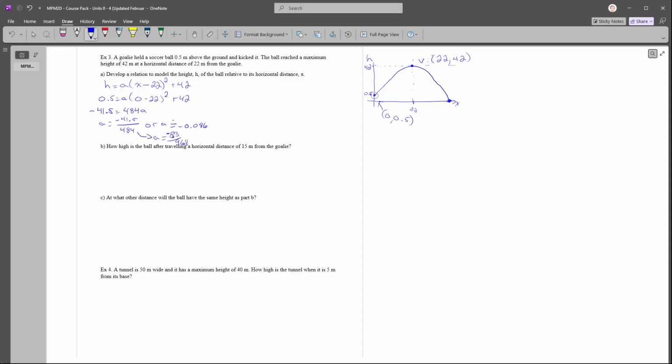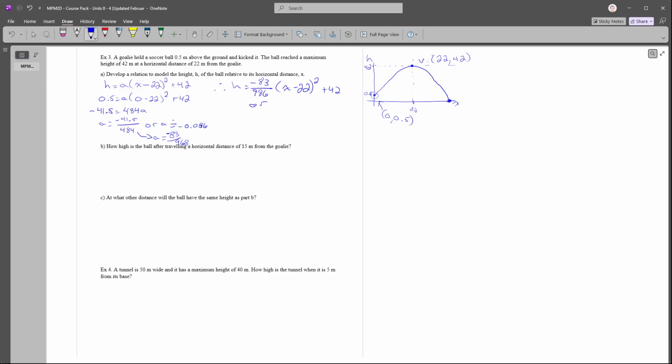Both of those are perfectly acceptable, and so is the 0.086. So the question is, what do you need at a given time? That depends on you. So let's write this out. In one option, I have therefore h is equal to negative 83 over 968 multiplied by (x minus 22) squared plus 42.